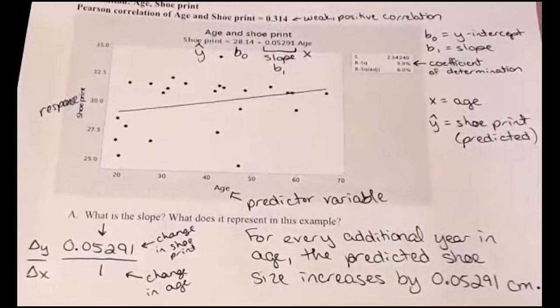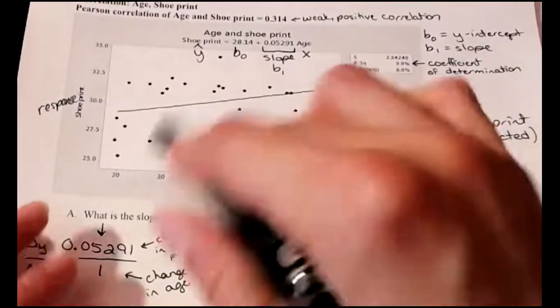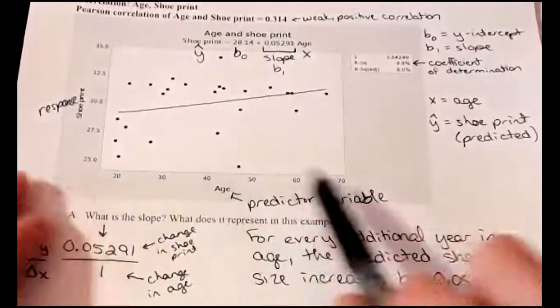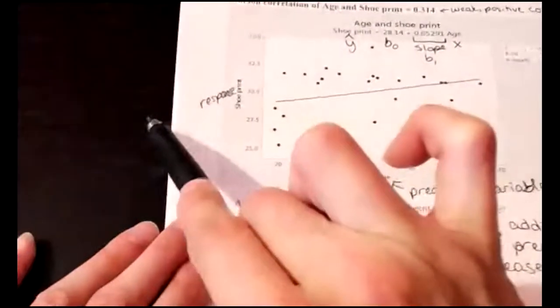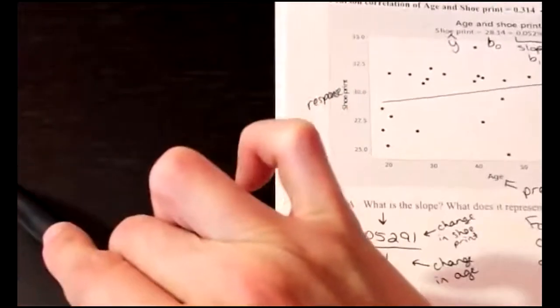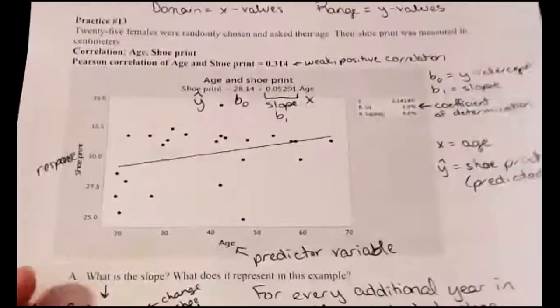The y or the x? It has to be the y-intercept. The x-intercept, we don't have an x-intercept. We would have to literally follow the graph all the way until it actually hits the x-axis.